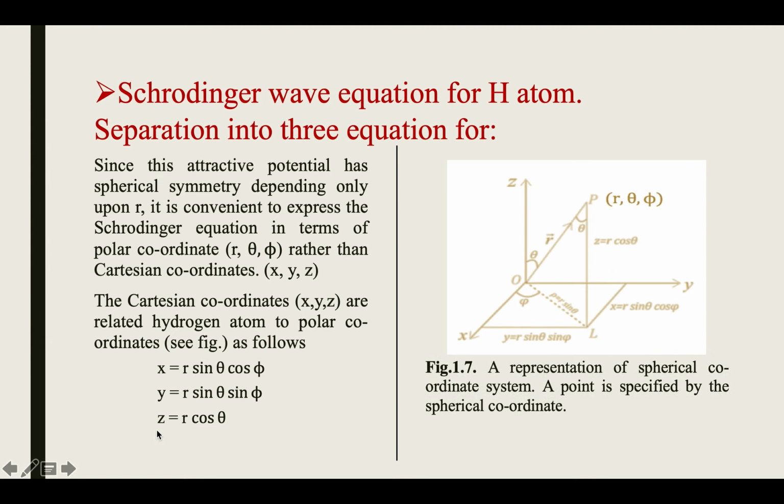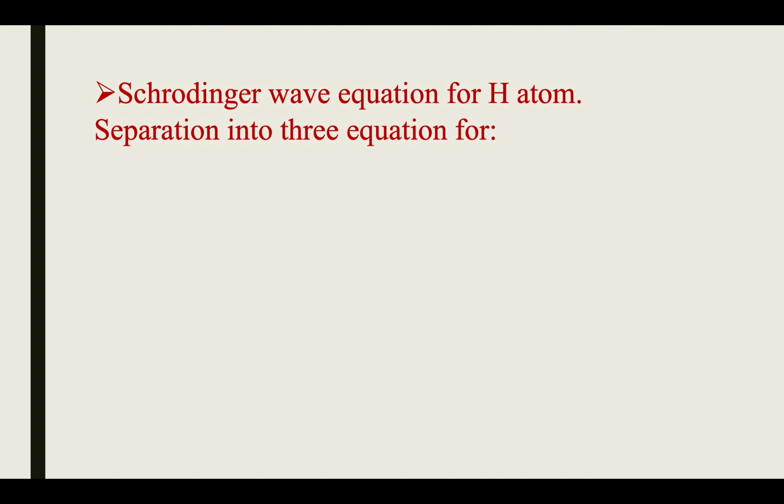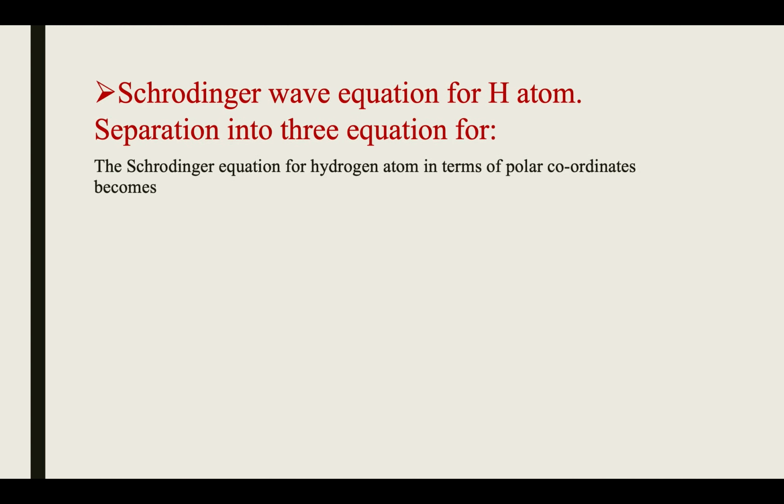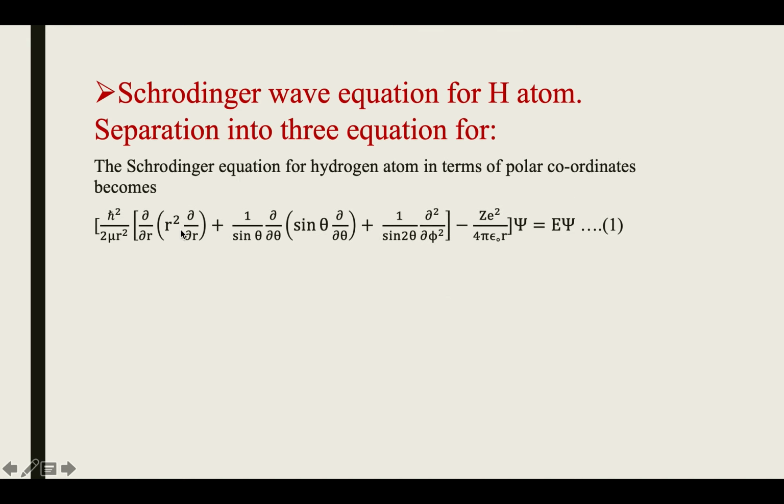From this, the Schrodinger equation of the hydrogen atom in terms of polar coordinates becomes like this. You will have h cross square divided by 2 mu r square as the common constant.